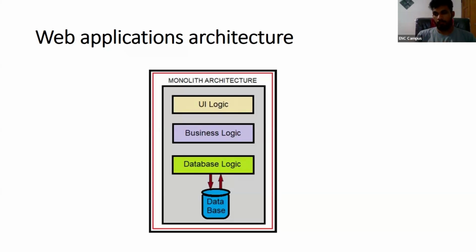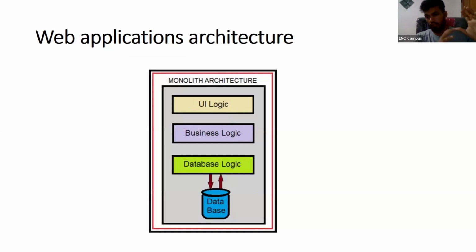So there are mainly two types of architectures to develop web applications. The first one we call the monolithic architecture, right? In a web application, there are mainly two parts: the user interfaces and the business logic, or the logical part.